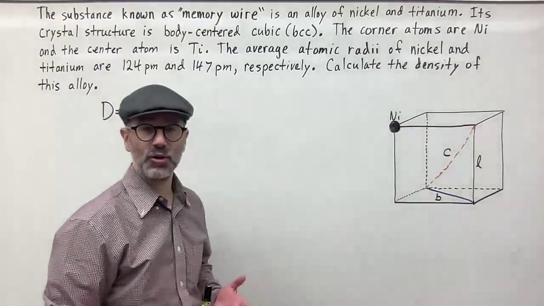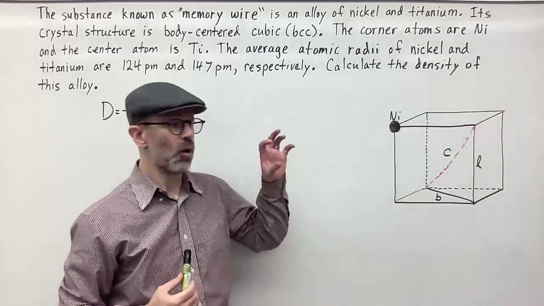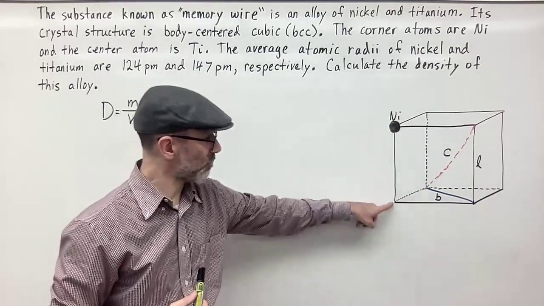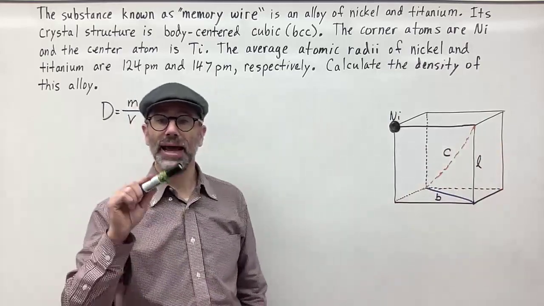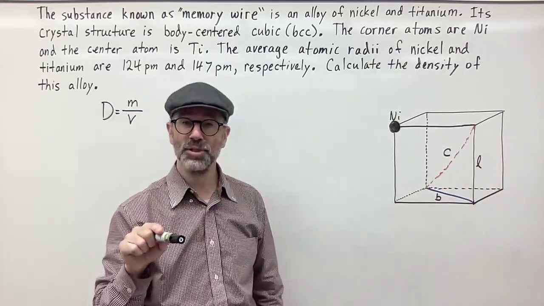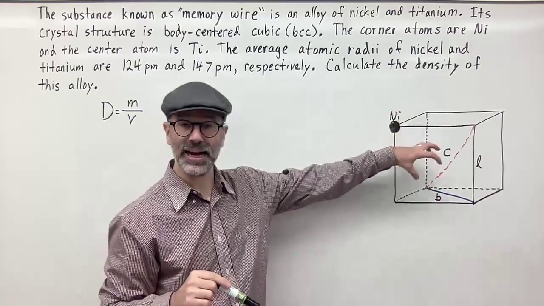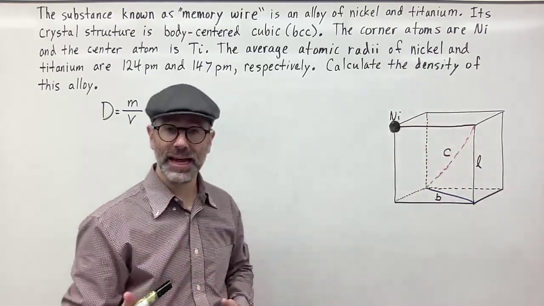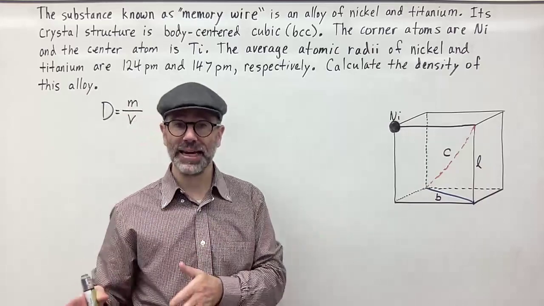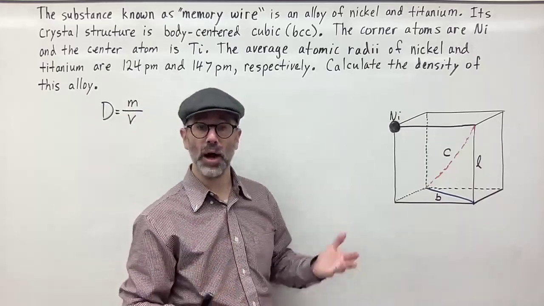So we have 8 corners, with 1 nickel atom at each of the corners, and 1/8 of each of those atoms is actually inside this space here. So 1/8 of each of those 8 gives us a total of 1 nickel atom.